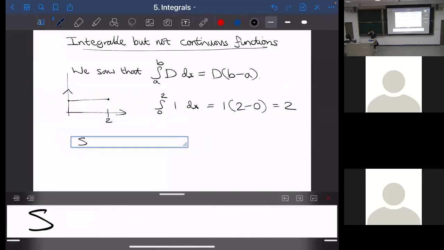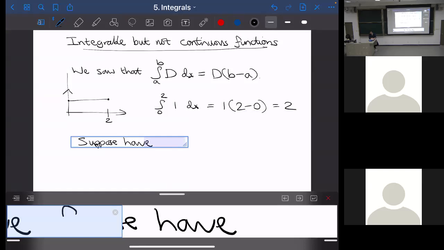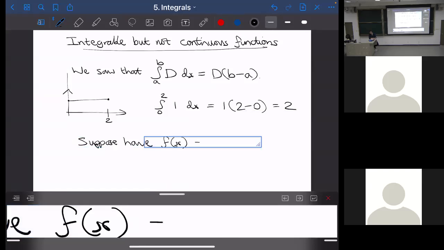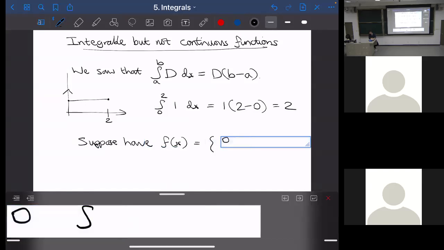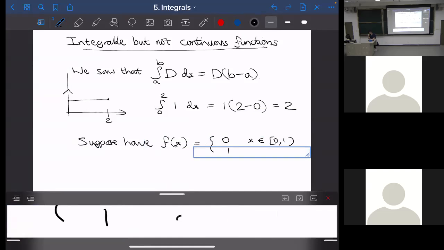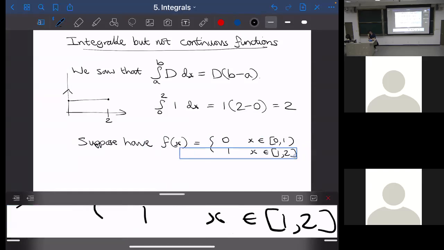But suppose we have another function f(x), which is equal to 0 if x is between 0 and 1, half open interval, but 1 for this closed interval.